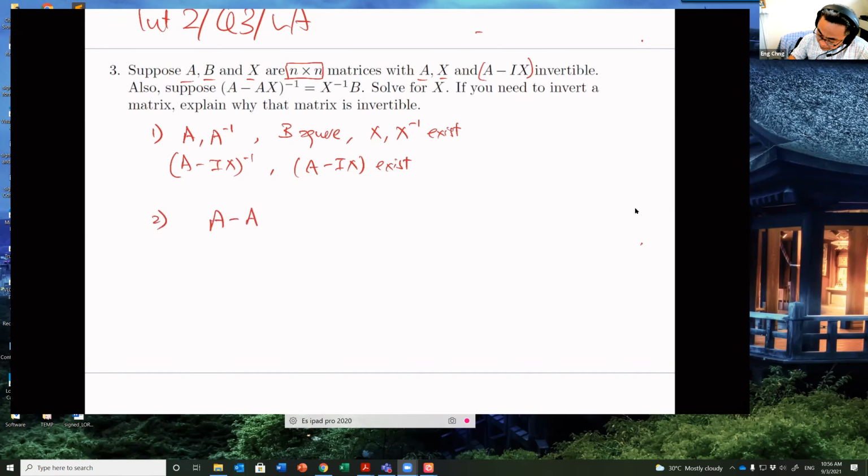(A minus I)X inverse equals to X minus 1 B. Okay, so how do I start?